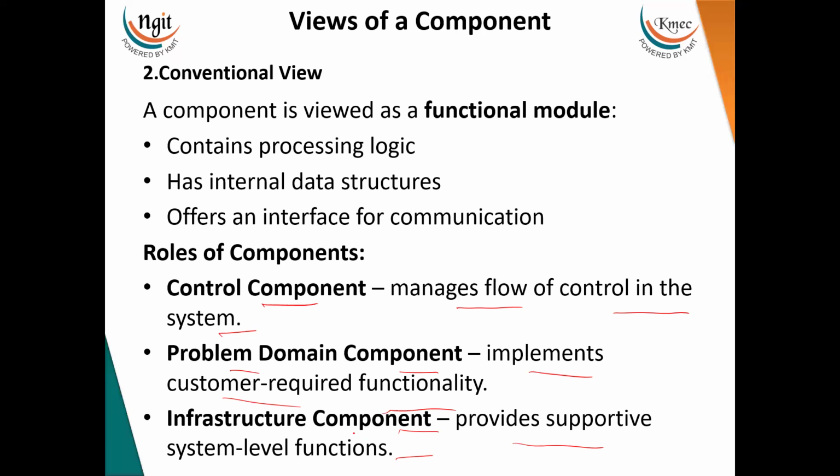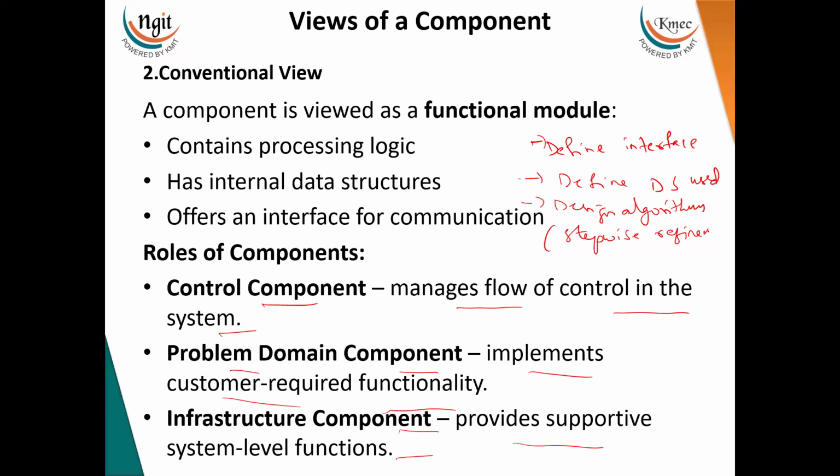So the design steps are: we define the interface, that is the number or order of parameters, and we define the data structure used, and we design the algorithms, typically with stepwise refinement. So these are the design steps.